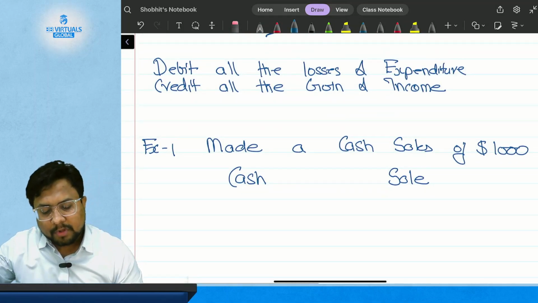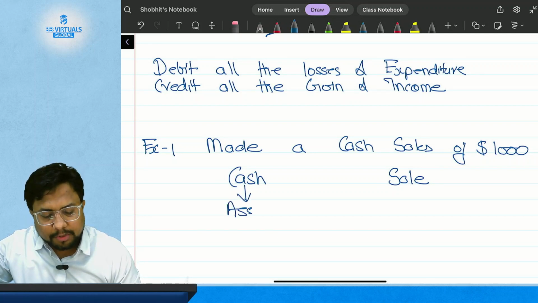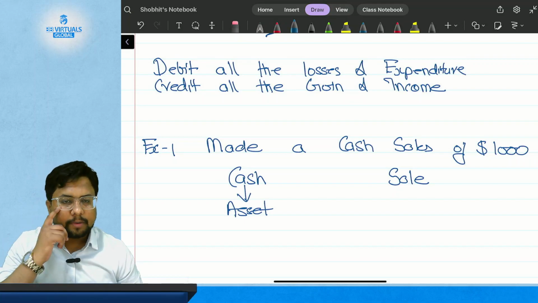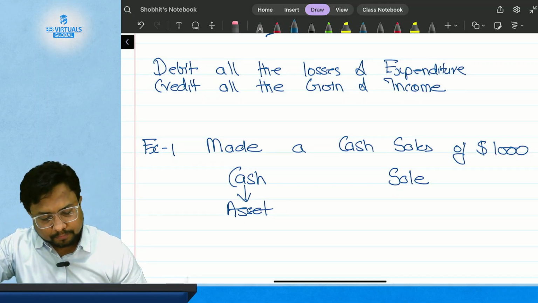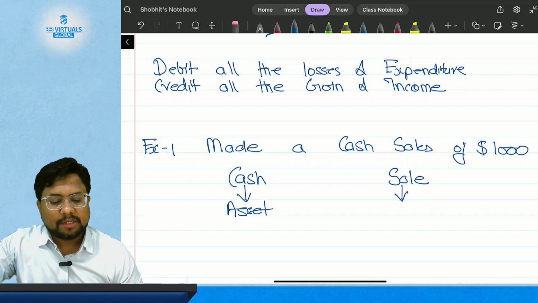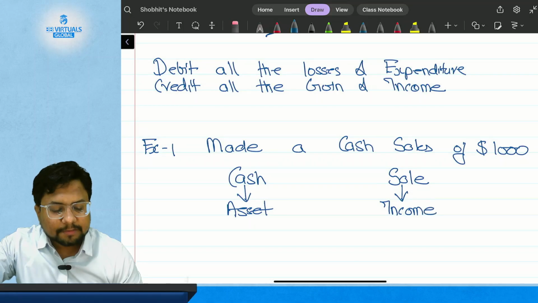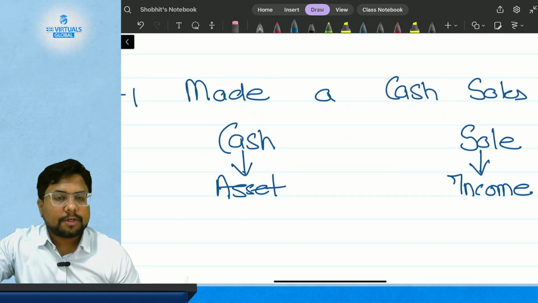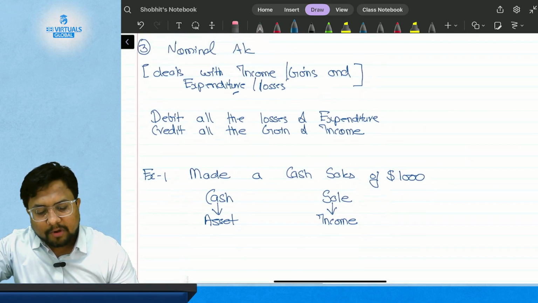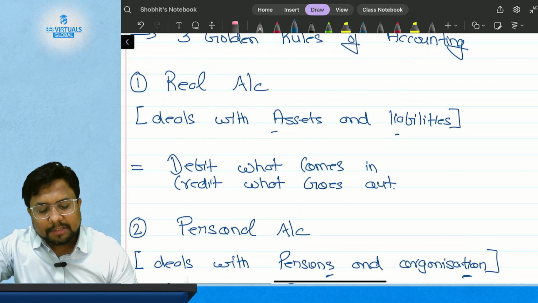Now when it comes to cash, what is cash? Cash is my asset. We have already studied what are asset, liabilities, capital in our chapter 2. But when it comes to sales, sale is my income. If I look at the rules, who deals with assets?